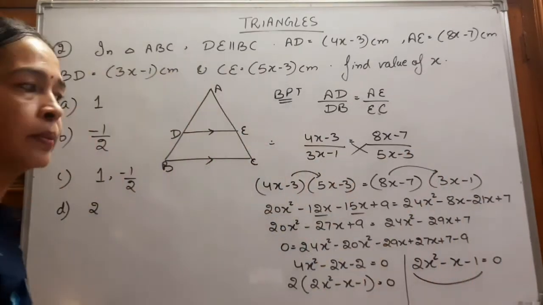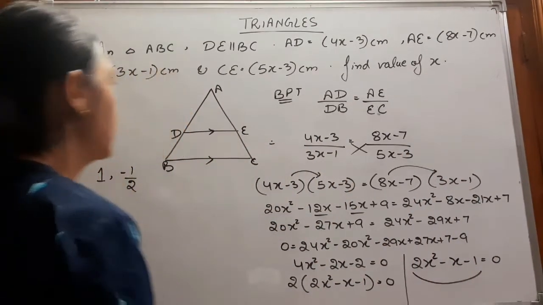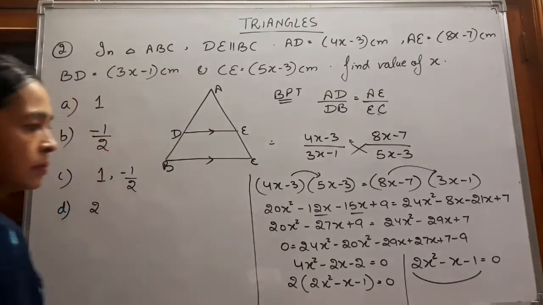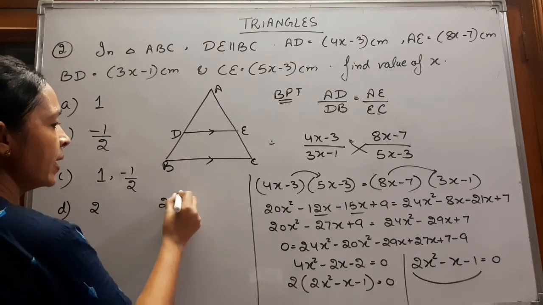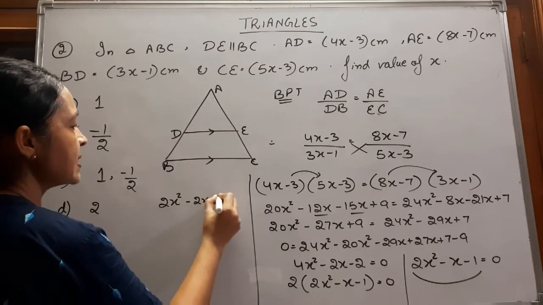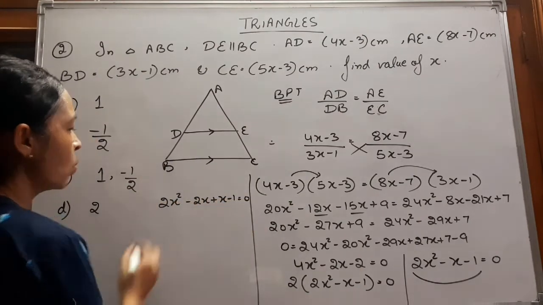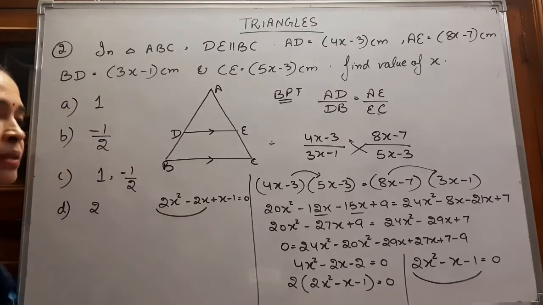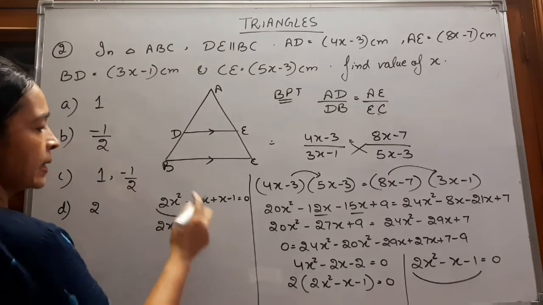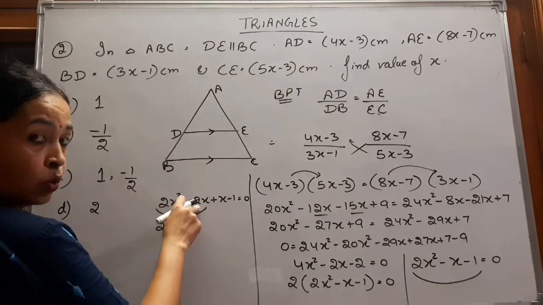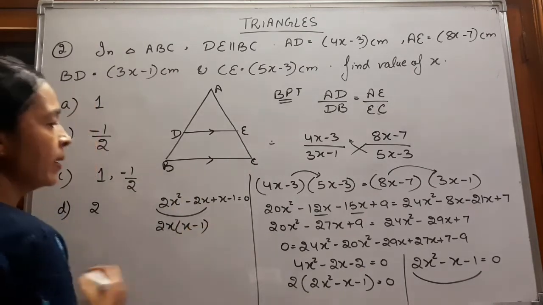What have we got? A quadratic equation. Let's solve it by splitting the middle term: 2x square minus 2x plus x minus 1 equals 0. Take these two terms: what is common? 2x. What is left? x. And here what is left? 0? No, we are left with 1.